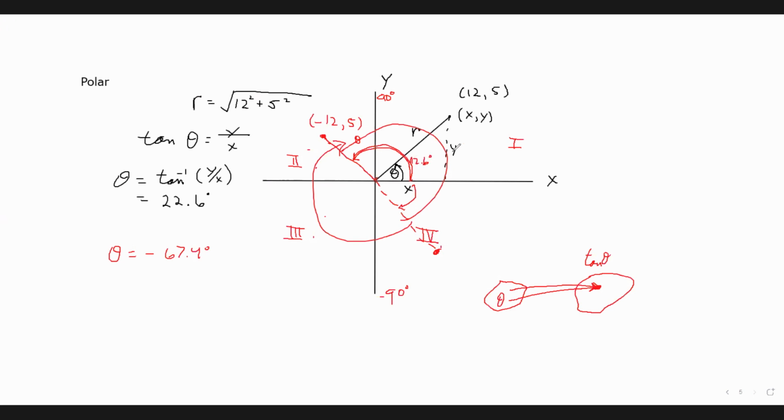Okay, is everybody okay with the ambiguity of the arctangent? You won't have this problem with the other circular functions because for physical reasons, the arc sine and the arc cosine are always going to give you numbers that will make sense physically. You don't worry about that ambiguity.